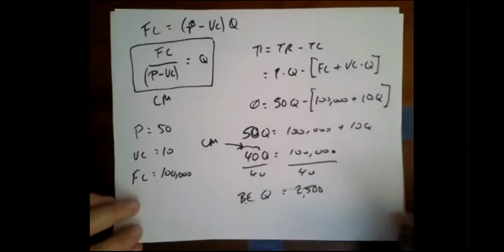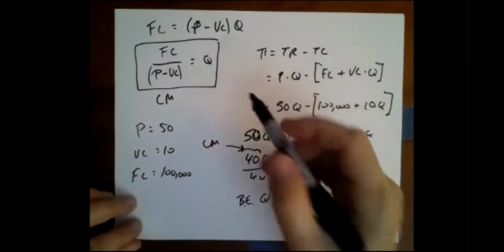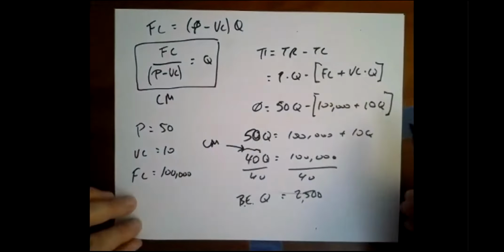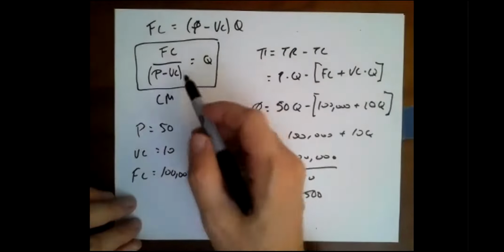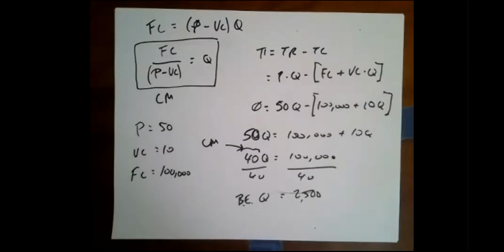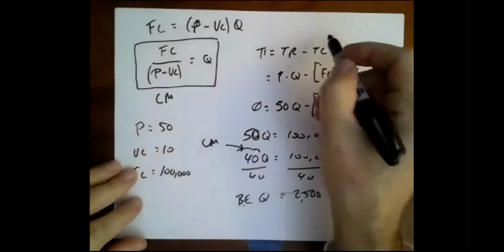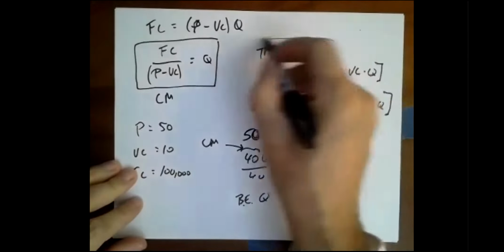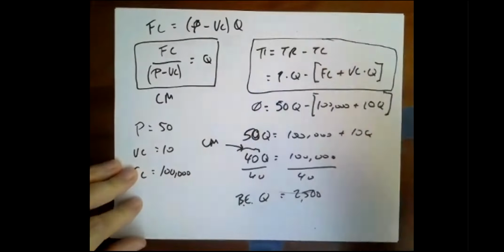So if you can remember that, feel free. It's fixed cost divided by contribution margin equals quantity. We'll give you the break-even quantity. I don't expect you to remember that. I don't hold that formula in my head. What I hold in my head is this basic relationship.